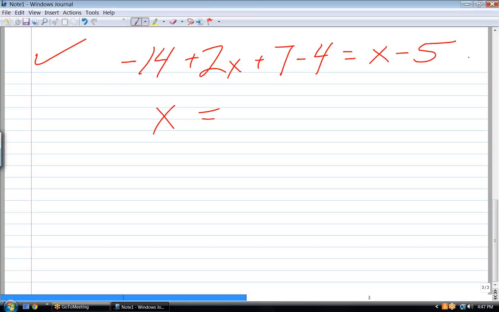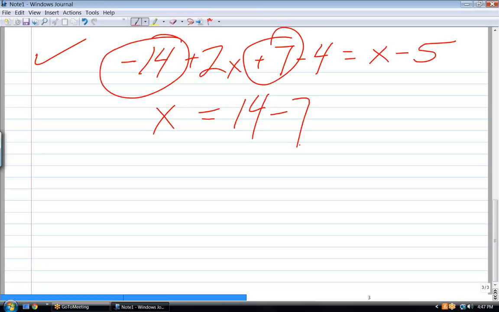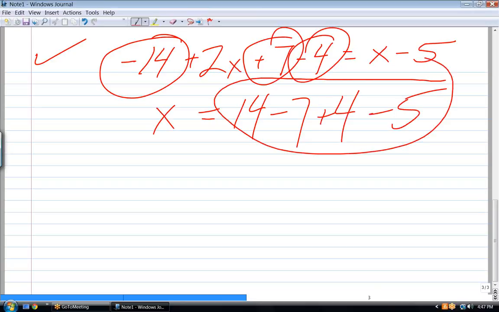Now, I just have to move everything else to the right. Well, what's everything else? If I move that over there, I change its sign. If I move that over there, I change its sign. Same thing here. I still have a minus 5. Now, if I work through all those numbers, I get 6.